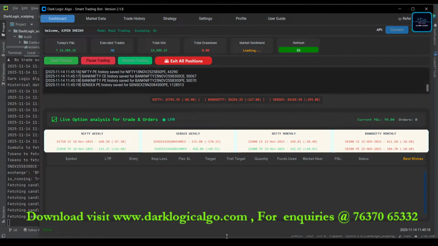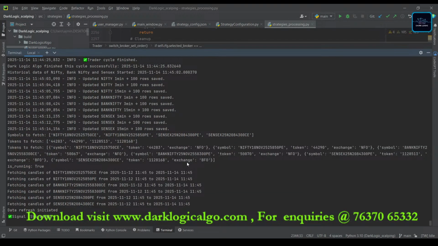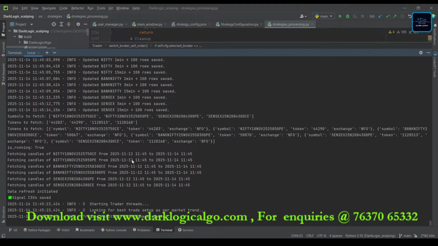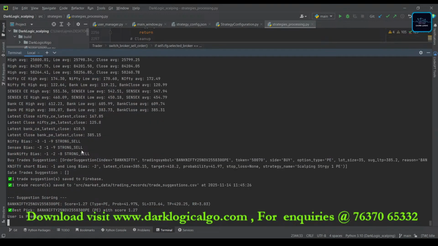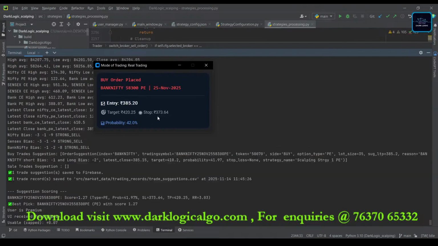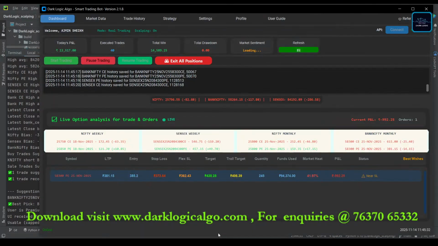The market is analyzed in the background. It's fetching all this candle data and calculating. Also, we got another position for Bank Nifty put side. You can see, it took the position.